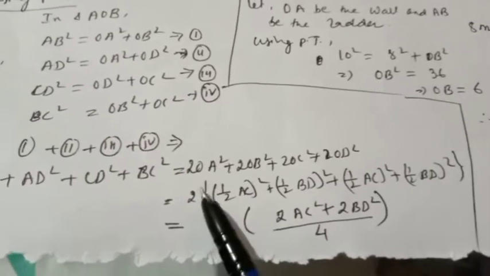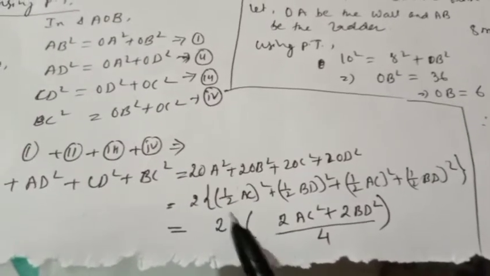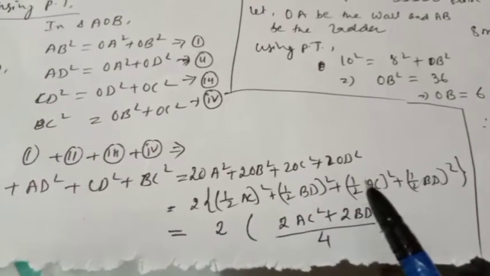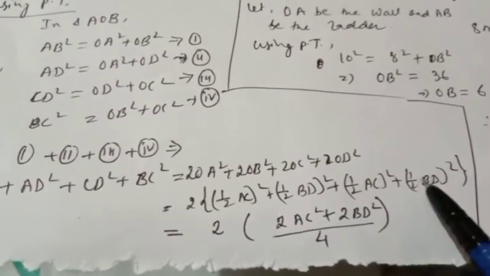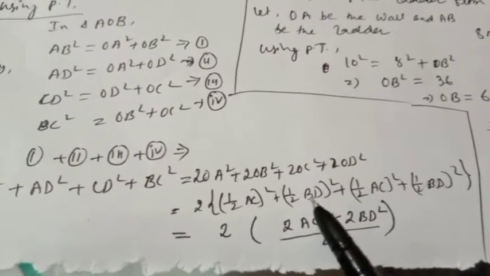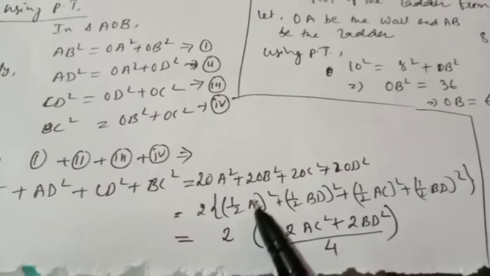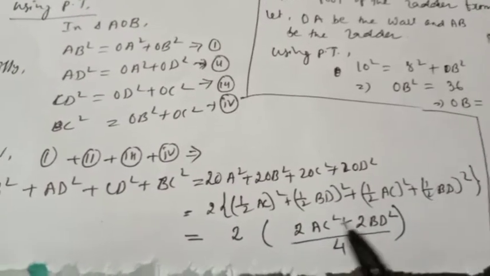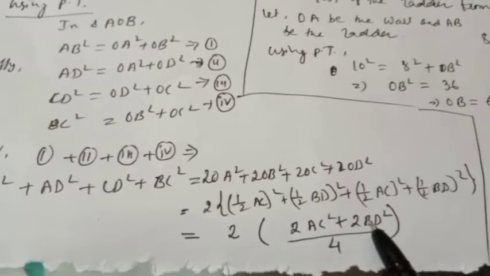Now this one I have done as a shortcut. If you expand this, AC square by 4 and BD square by 4, AC square by 4, and BD square by 4. If you take 4 as the LCM, then what is left here? AC square, BD square, AC square, BD square. It means twice AC square plus twice BD square.